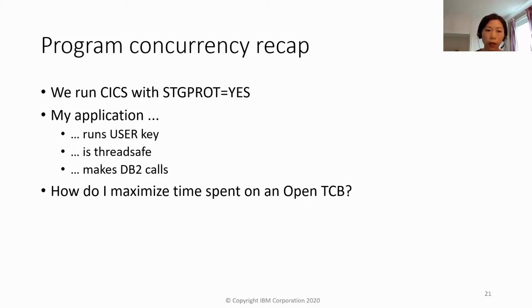If you have an application which you have coded to a thread-safe standard, and your region runs with the SIT parameter STGPROT=YES, which means storage protection, and your application may be making DB2 calls and running in user key, how would you configure the program in order to maximize the time it spends on the open TCB?